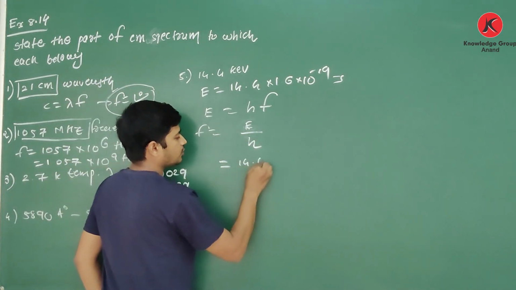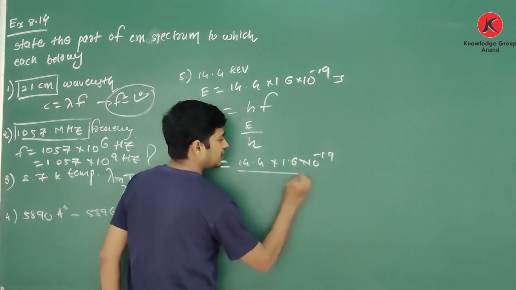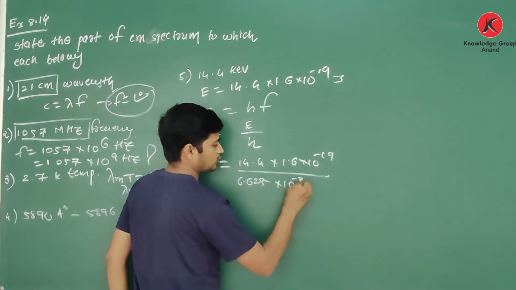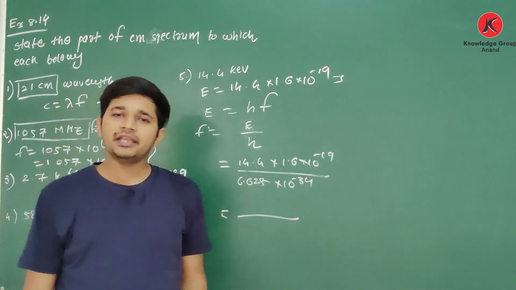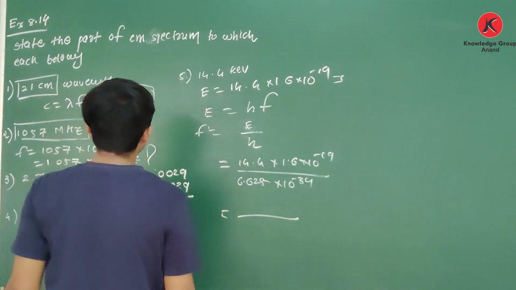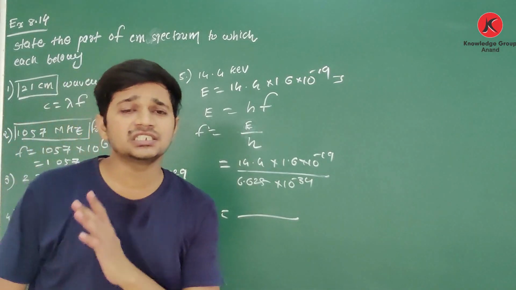It is 14.4 into 1.6 into 10 raised to minus 19 divided by h, that is 6.6245 into 10 raised to minus 34. So you will get the value of frequency. And now you have to observe from the table which region this wavelength, this energy belongs to.